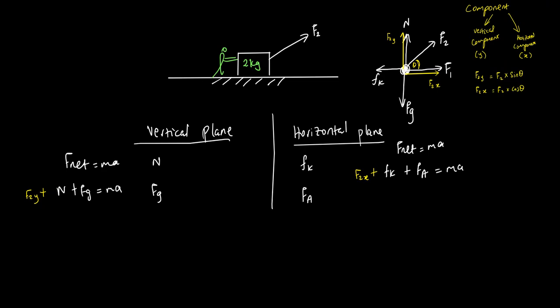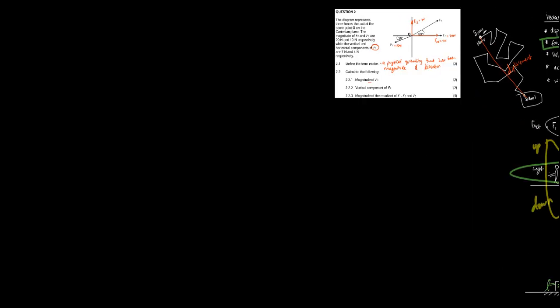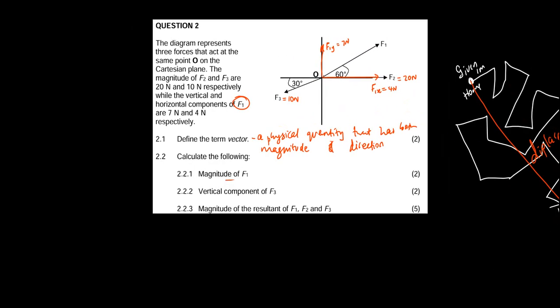So, back to the question itself. Now, so how do we deal with that? So let's understand the following. If I have, let's just say I have F2 here, and then I have F1 here, and then F1 is 10 newtons, whereas F2 is 15 newtons.